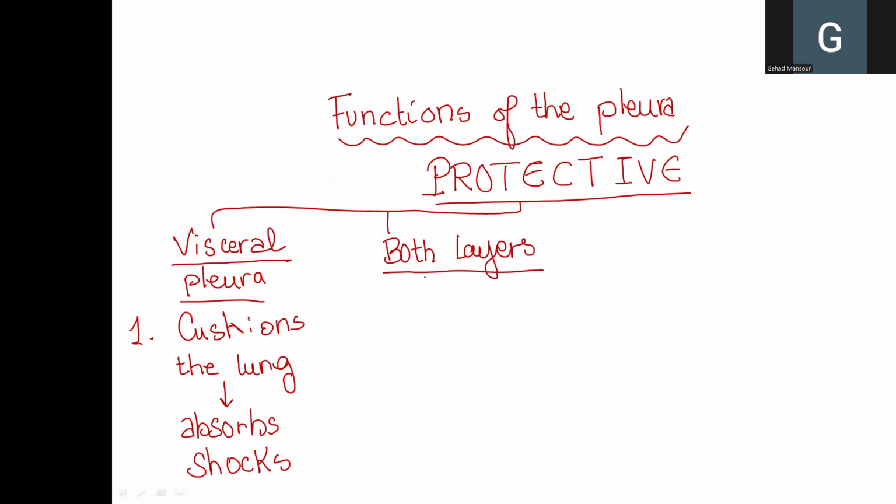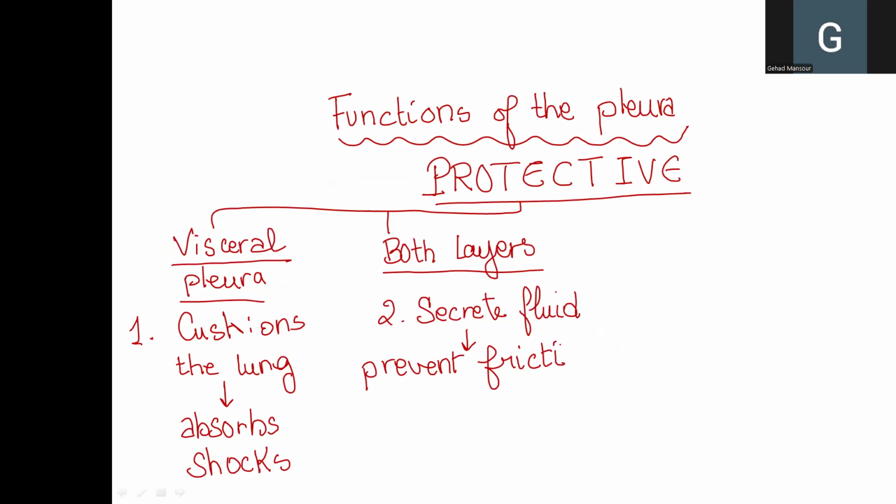Both layers of the pleura secrete fluid, as we said before. And that fluid, when present in normal amounts, will prevent friction between the two layers of the lungs. Why would there be any friction between the two layers?